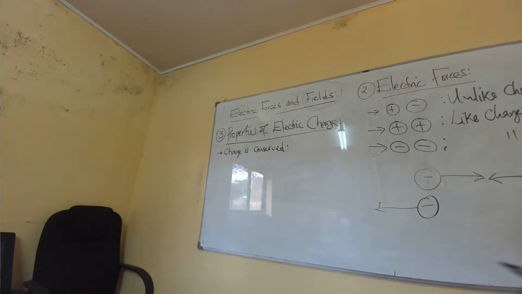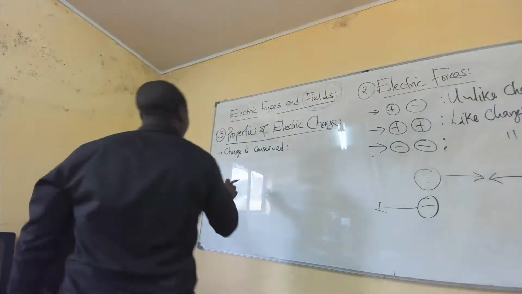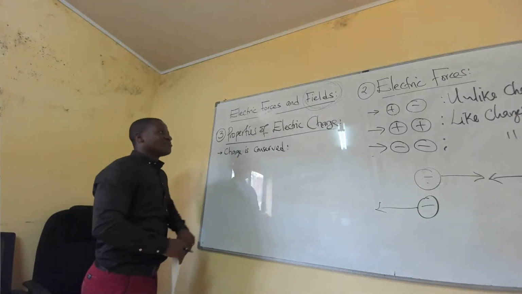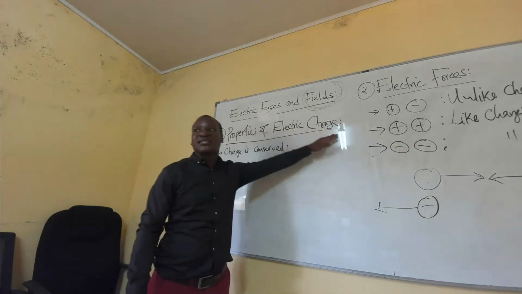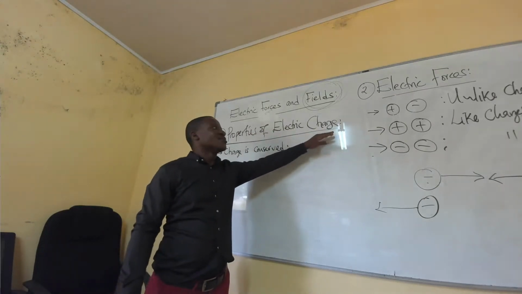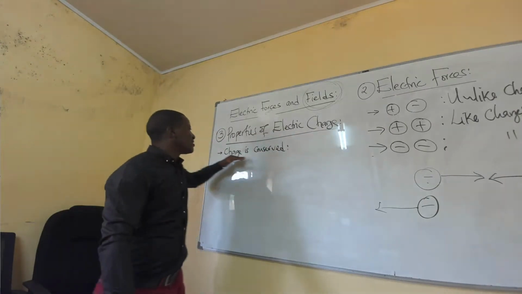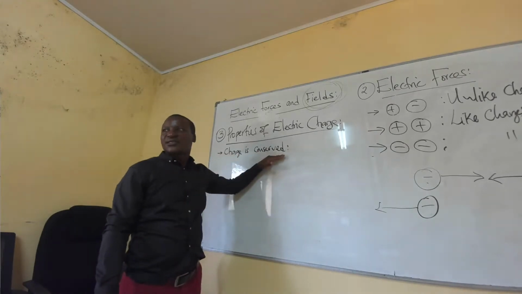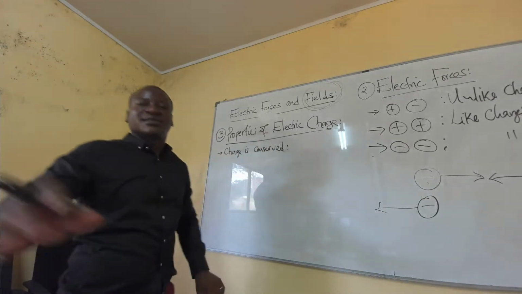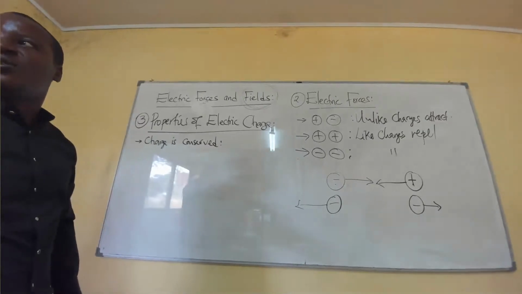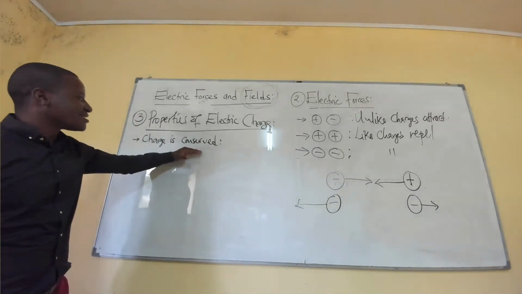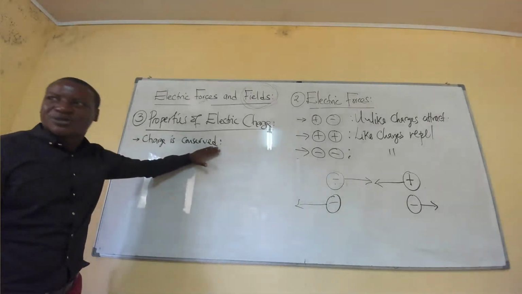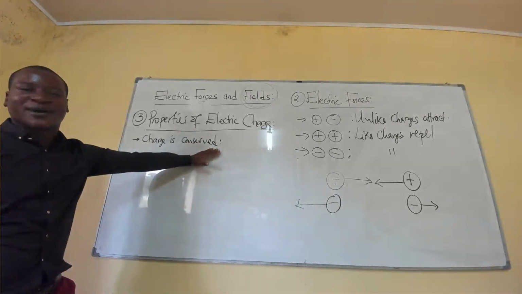Okay, so the next point, these are properties that we are stating here. At times you may be asked to state two properties of electric charge, for example, in an exam. So the first thing that you say is charge is conserved. Don't start talking about a lot of stories. Don't start creating your own science. Just put it as simple as possible. That will attract a full mark.